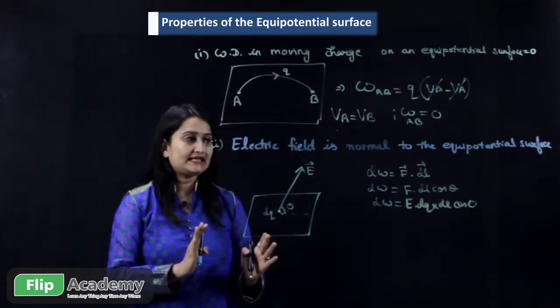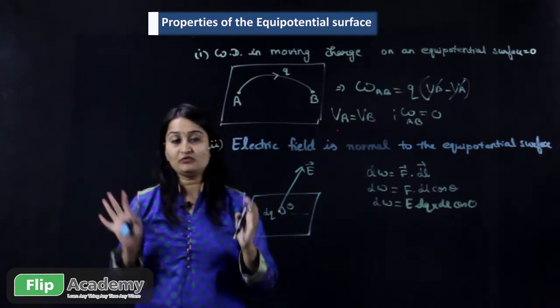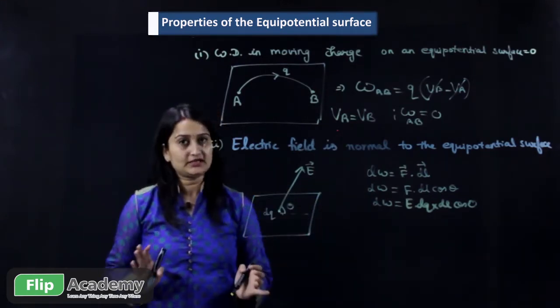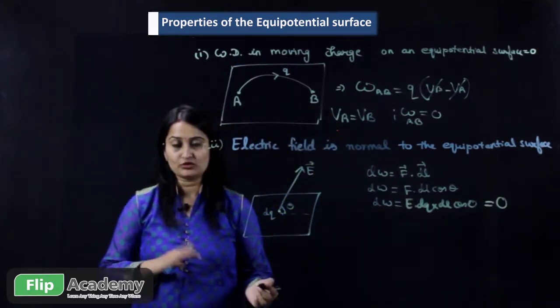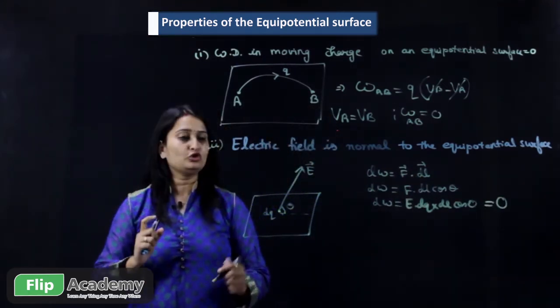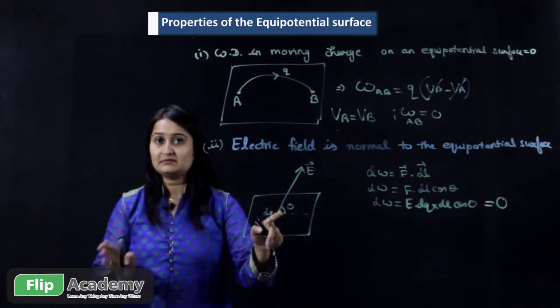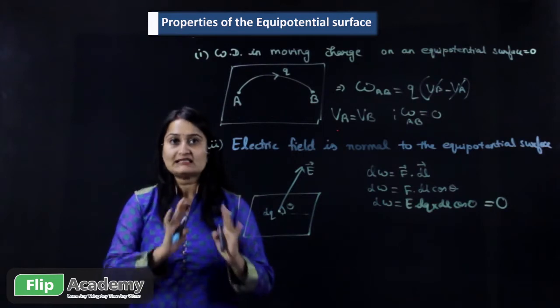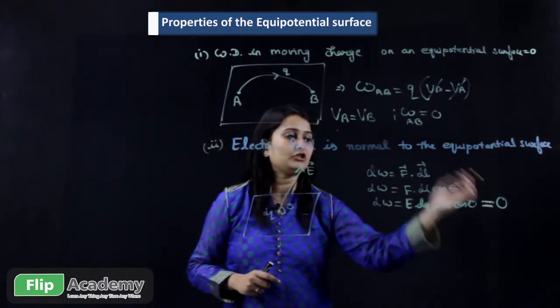Now, we have already proved that work done is equal to 0 when we consider the equipotential surface. So we can equate this whole formula with 0. Now, it is given that there is a charge dq. If there is a charge dq, there must be some electric field.